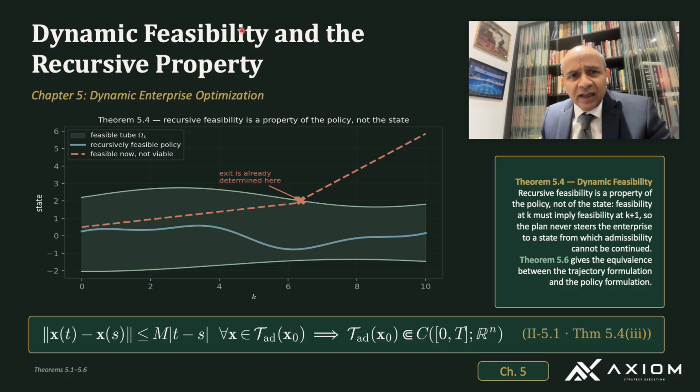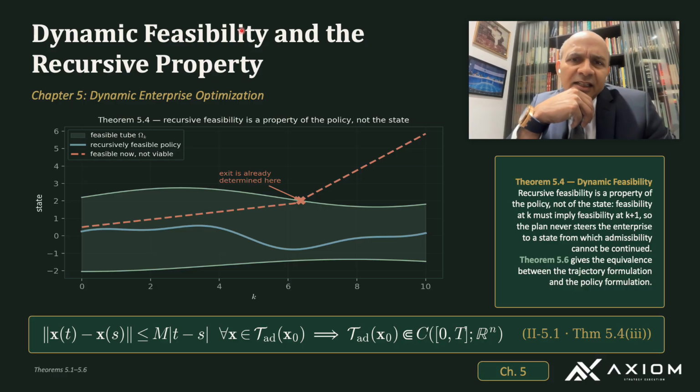Theorem 5.4, dynamic feasibility, which is where recursive feasibility from volume 1 becomes an optimization constraint rather than an analytical property. Under compact controls and continuous constraints, feasible enterprise trajectories are uniformly bounded and equicontinuous with convex velocity sets. The feasible trajectory set is compact and a continuous objective therefore attains an optimal dynamic enterprise path.